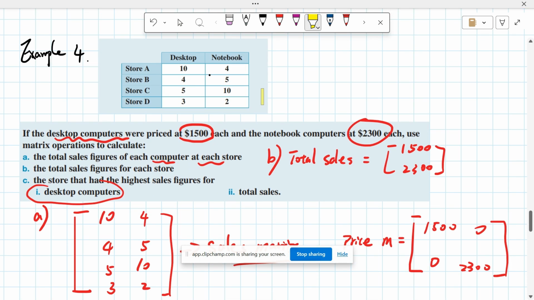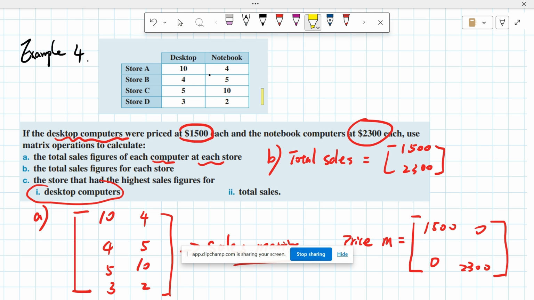Another example: we have desktops and notebooks, and stores A, B, C and D. The desktop price is 1.5K and the notebook price is 2.3K each. Using a matrix operation, we calculate the total price of sales for desktops and notebooks.